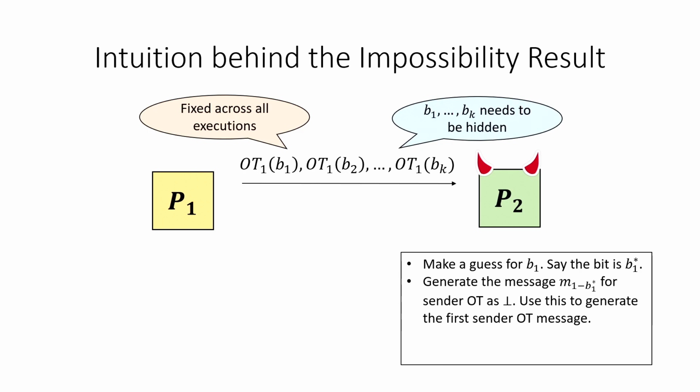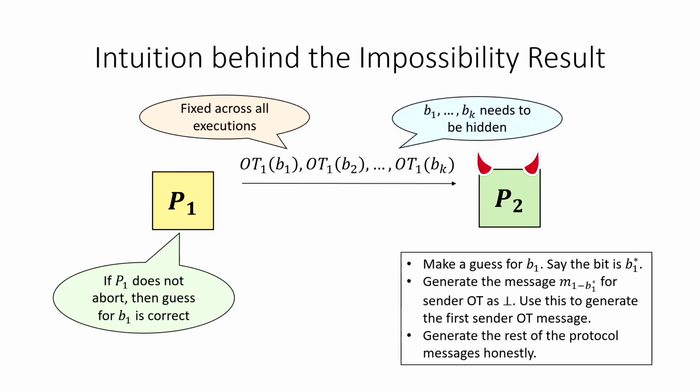And what you're going to do is generate the message M1 minus B1 star as bot. And for the other message, you're going to generate honestly. And you're going to send these two messages over. And in the case that P1's bit was actually B1 star, then it's going to see a real message and everything is fine.